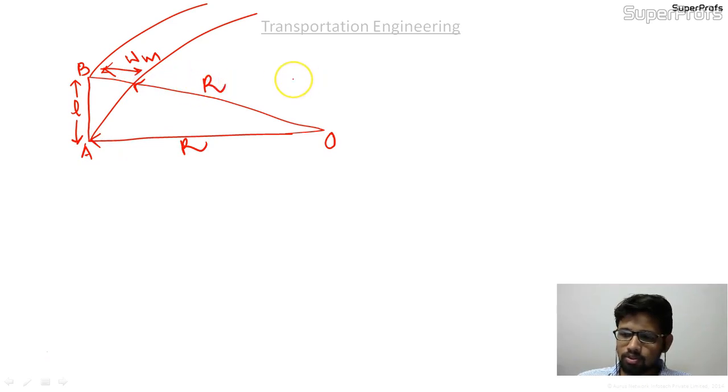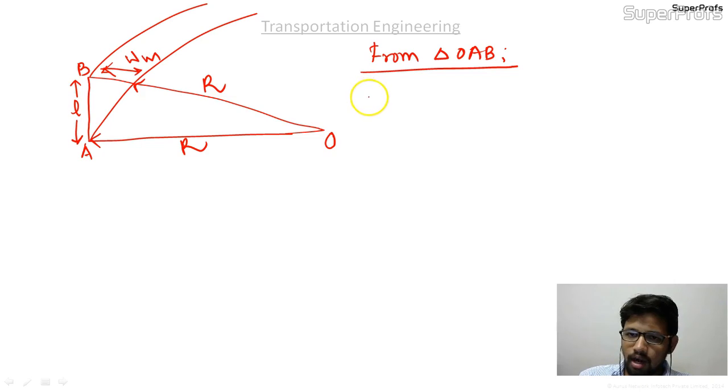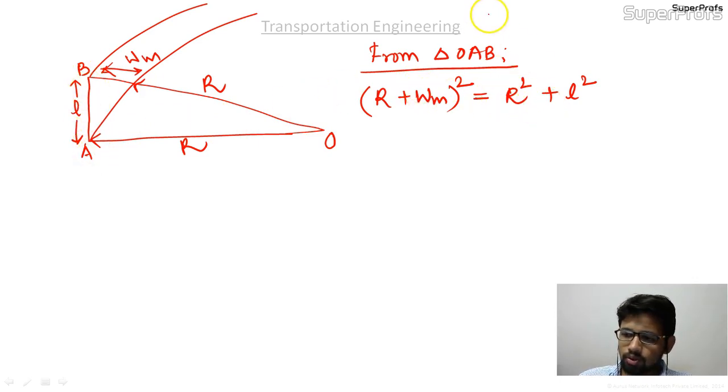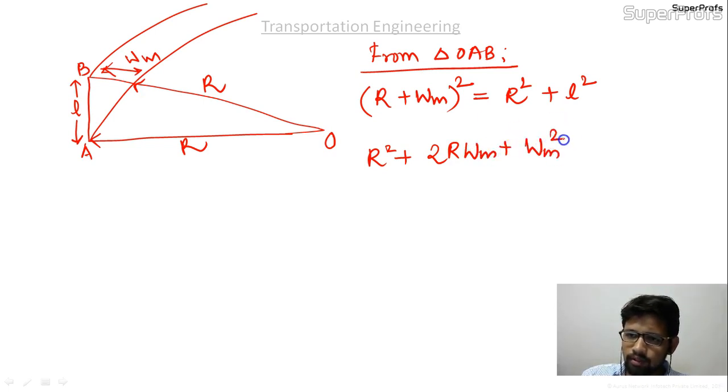From triangle OAB, R plus Wm whole square equals R square plus L square.